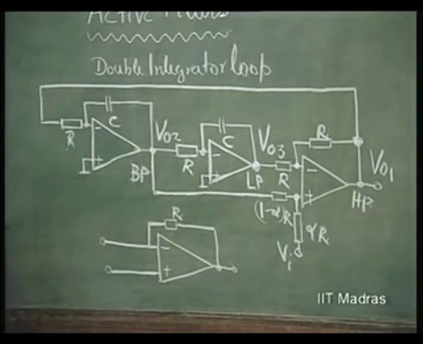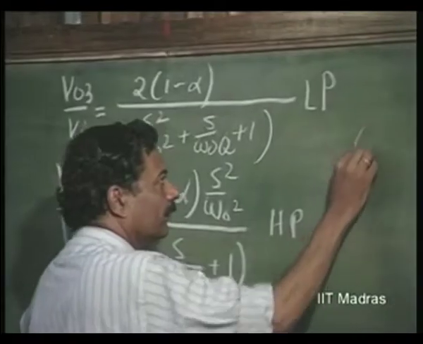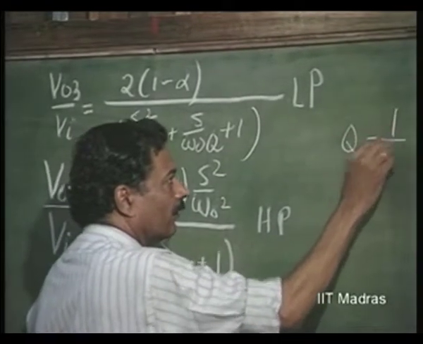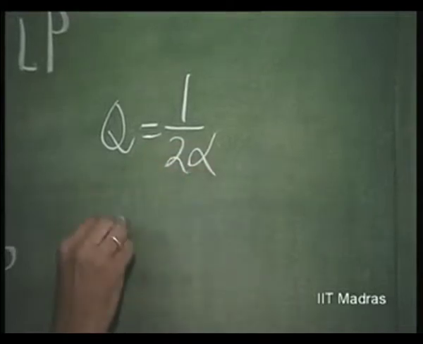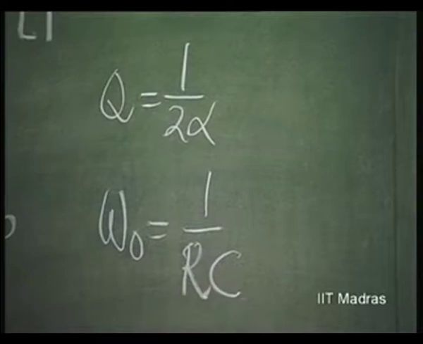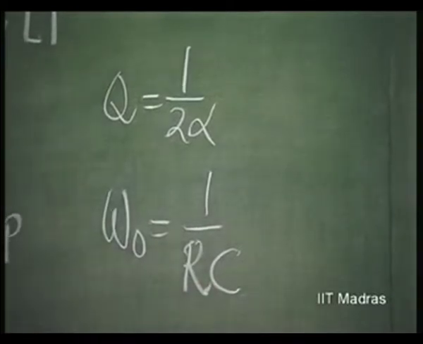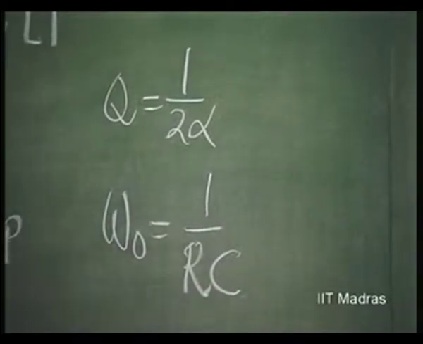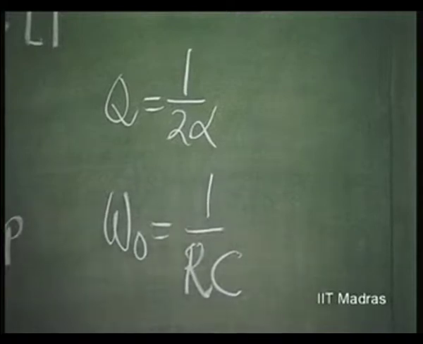So, this kind of structure can be synthesized using this, and here the transfer functions are all given here respectively, Q being equal to 1 over 2 alpha, omega naught equal to 1 over r into c. So, this we had derived in the last class.